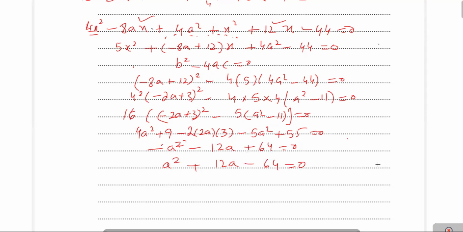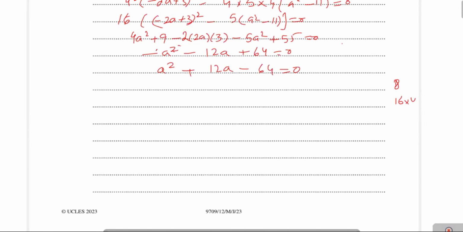Now we take the factors of 64. Now 16 times 4 is 64. Therefore, by using the middle term breaking method, we factorize this expression. a square plus 16a minus 4a minus 64 equal to 0.